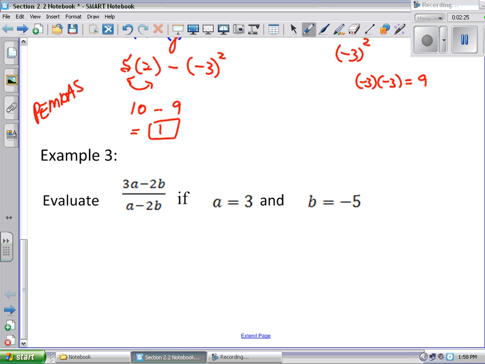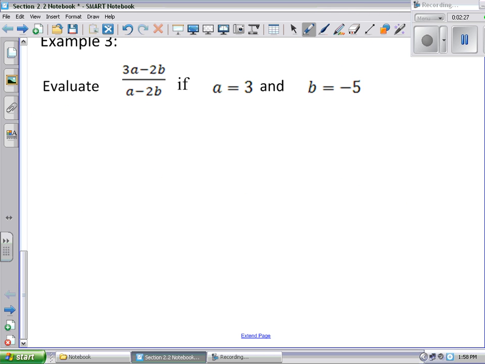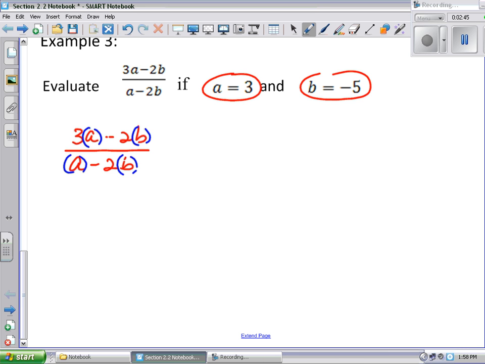Going on with example 3, I have 3a minus 2b over a minus 2b. And I'm going to wrap my variable in parentheses, and then substitute in 3 where the a is and negative 5 where the b is, so that I will have 3 times 3 minus 2 times negative 5.